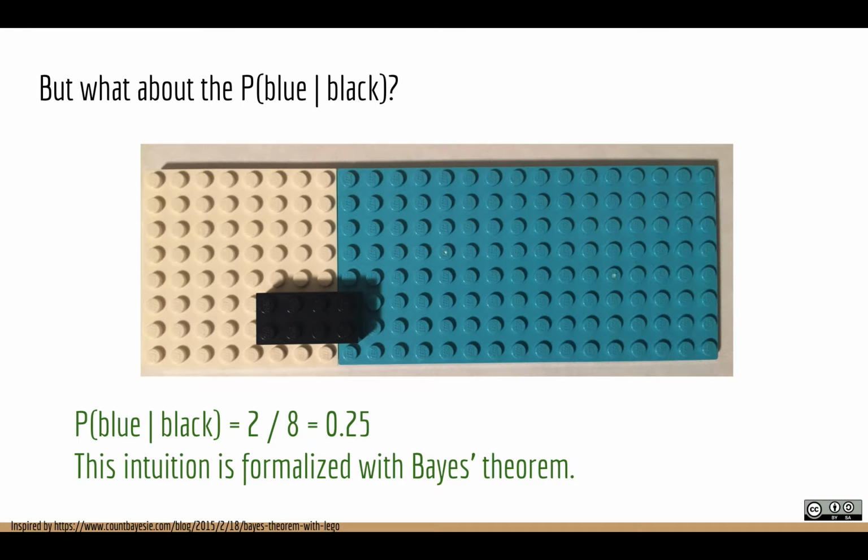So that's just 2 over 8. And this is that directionality, the 2 directions of that conditional probability: the probability of being on white if you're on black, or being on blue if you're on black, or being on black if you're on blue, or black if you're on white. That reciprocality is what makes Bayes' rule work, because we can evaluate things in both directions.